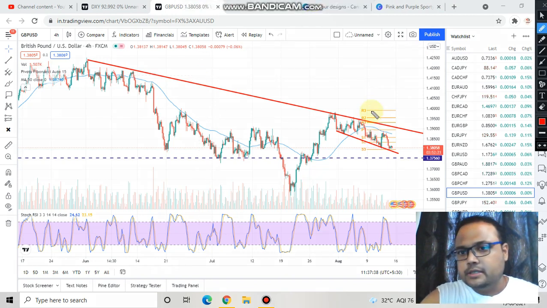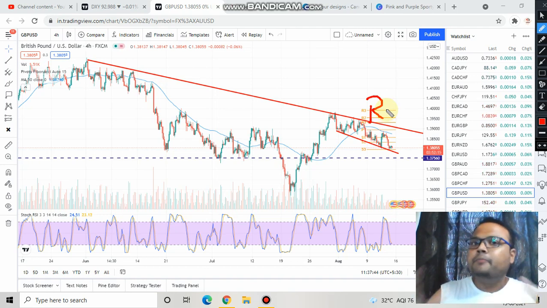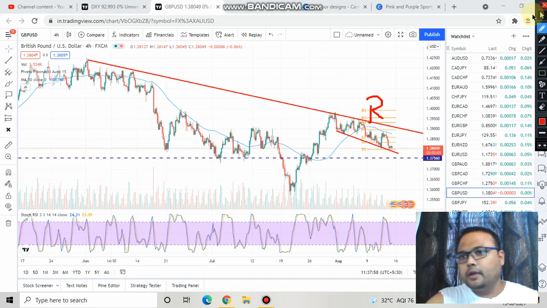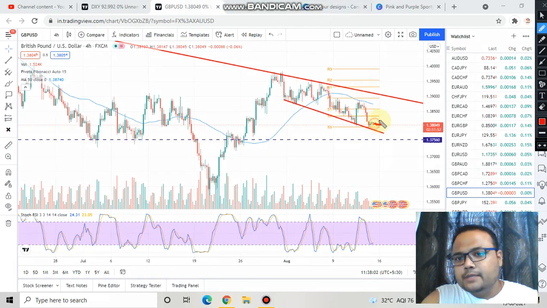This line should be there in a charting platform as well, because today the market may not go up and hit the resistance, but in the coming weeks, in the coming days, definitely GBP USD will be facing resistance from this trend line. Therefore this line should be there. Anyways, this is the current market price, but this resistance is quite far away.